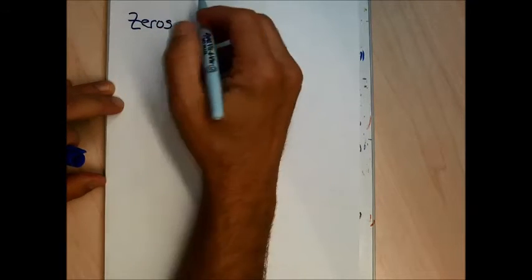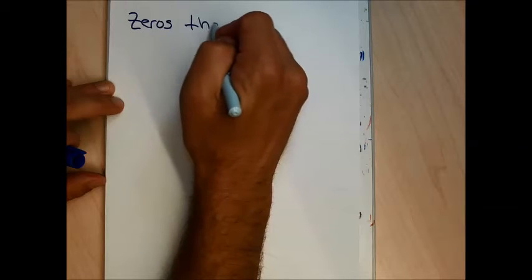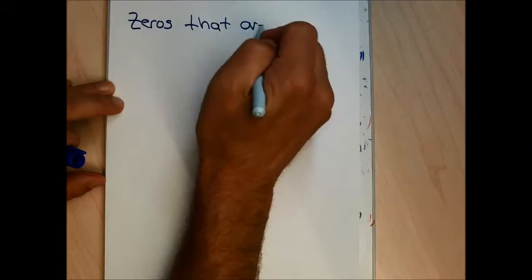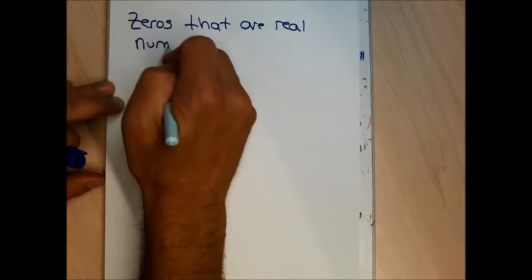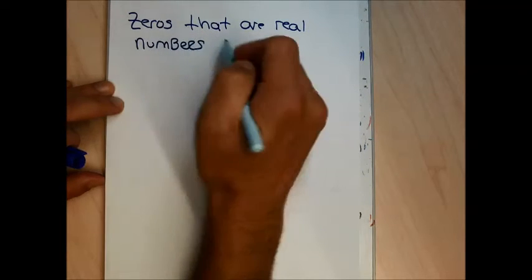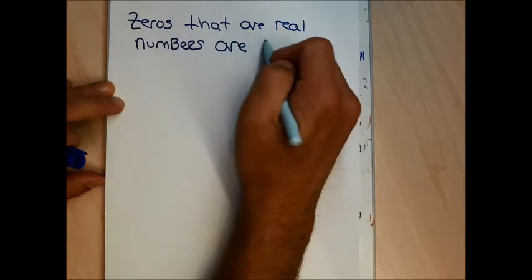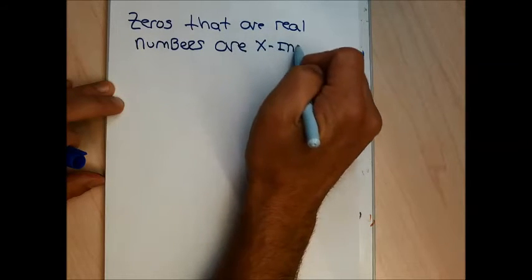One of it is that zeros that are real numbers are x-intercepts on the graph of a function.